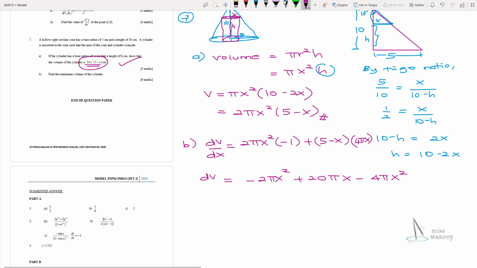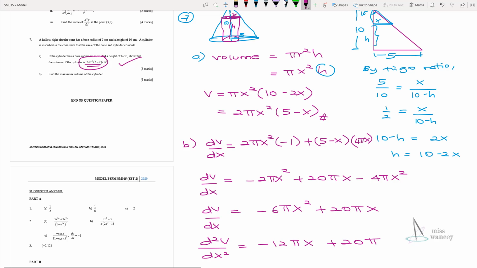So this is dv over dx. Let me simplify this a little bit. So this is negative 6 pi x squared plus 20 pi x. Now let us calculate the second derivative straight away, d2v over dx squared. So this is negative 12 pi x plus 20 pi.